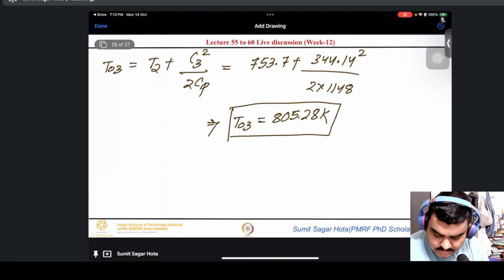So you find out the T3 temperature drop. Now you have to find out the temperature drop per stage. That means T01 minus T03.